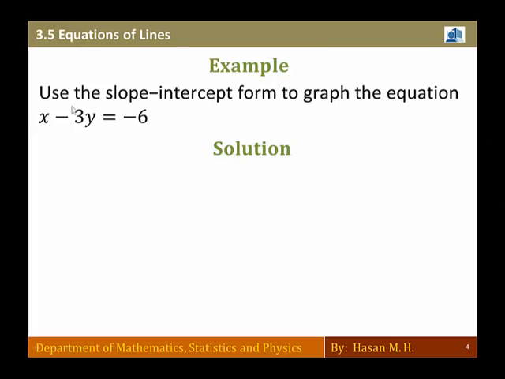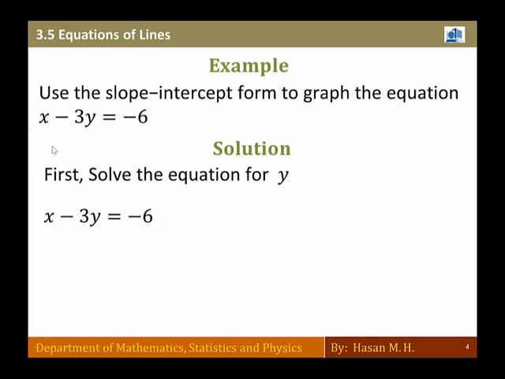Example: use the slope intercept form to graph the equation x minus 3y equals negative 6. First, solve the equation for y. Using the inverse, move the x to the other side of the equal sign.